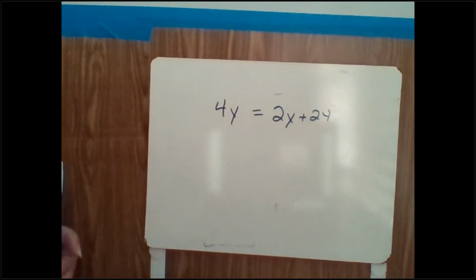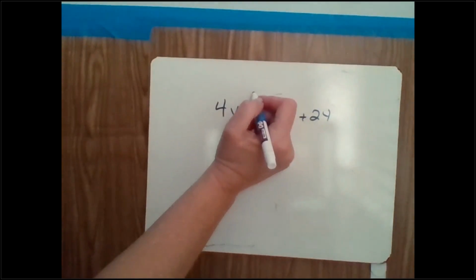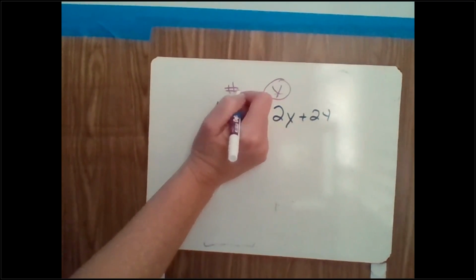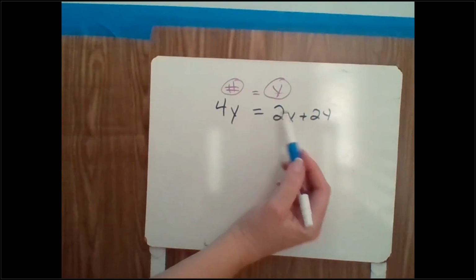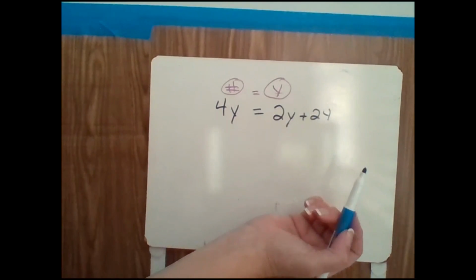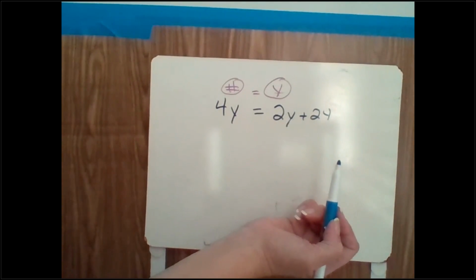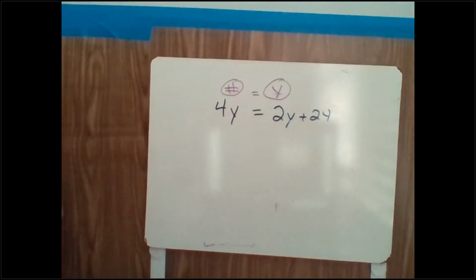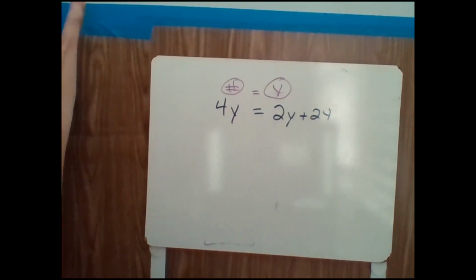And so I'm going to show you, if you wind up putting your y's on the right, you can still get the correct answer. So long as you're making legal math moves, you can still get the exact same answer. You just wind up maybe doing an extra step or two.